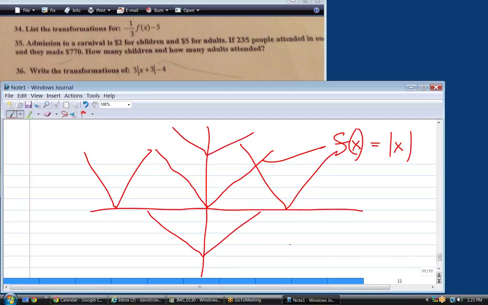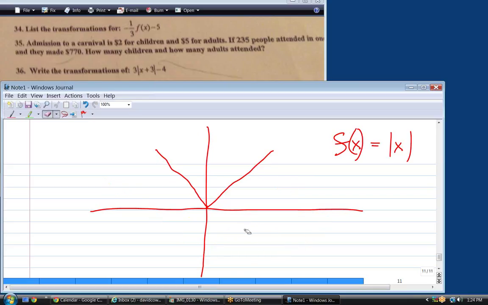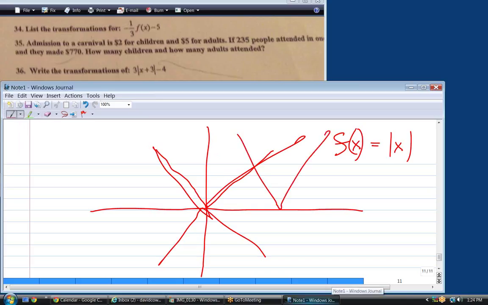I can move it to the right and move it down. I can reflect it over the x-axis. I can reflect it over the y-axis. Notice it doesn't change when I reflect it over the y-axis. But if the function was over here and I reflected it over the y-axis, it would become that.